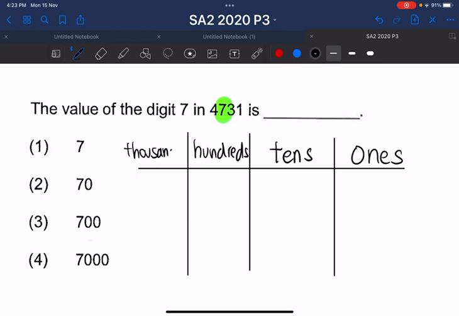So that's what you have been learning up to for this year. So when you put in the numbers 4, 7, 3, 1, 7 will lie in the hundreds place, right? So that would mean the answer is 700. So the answer is 3.